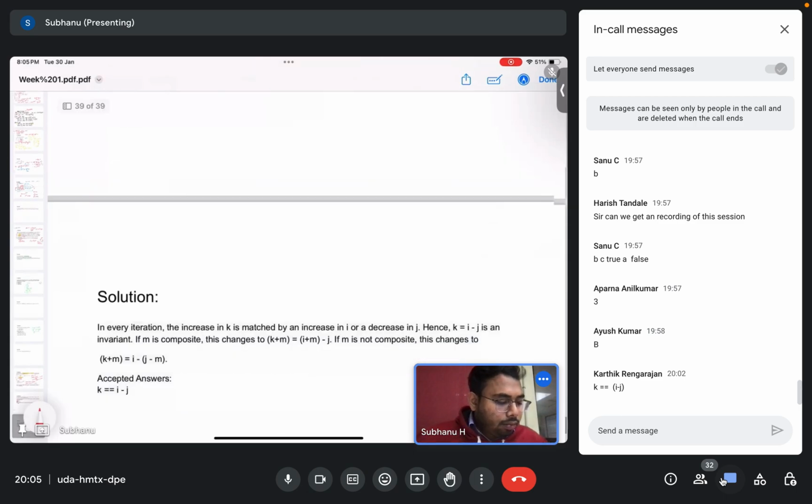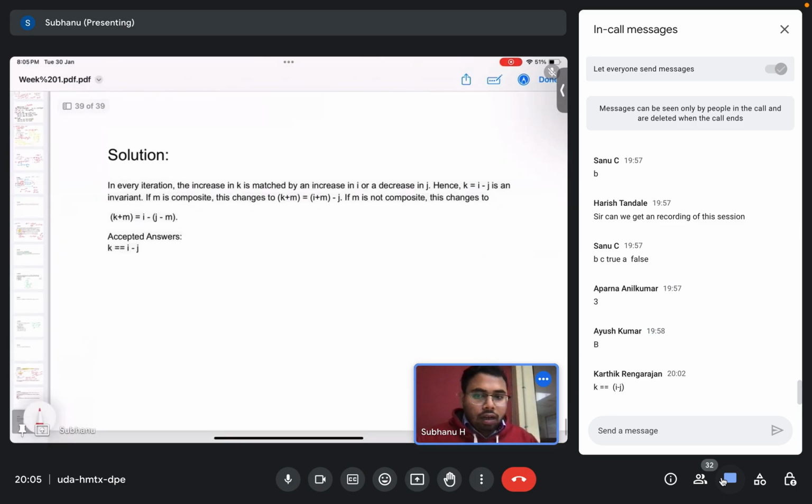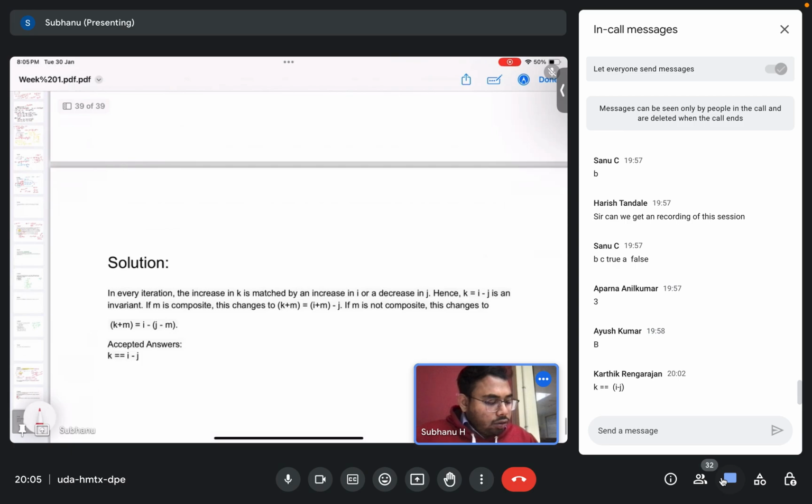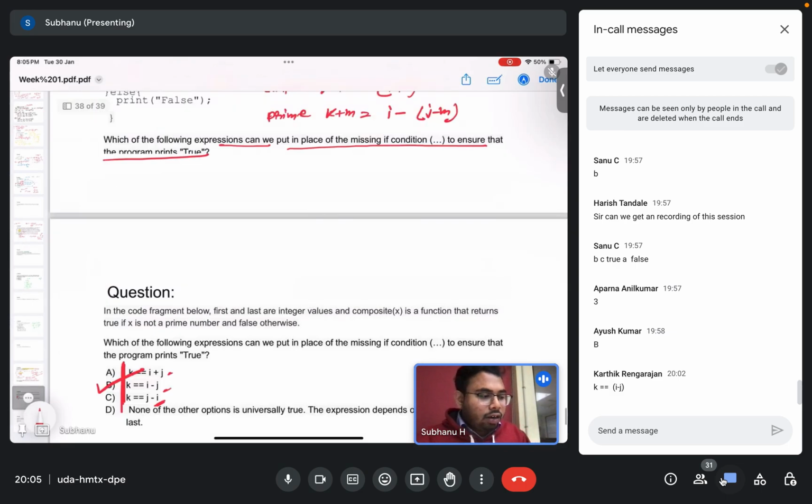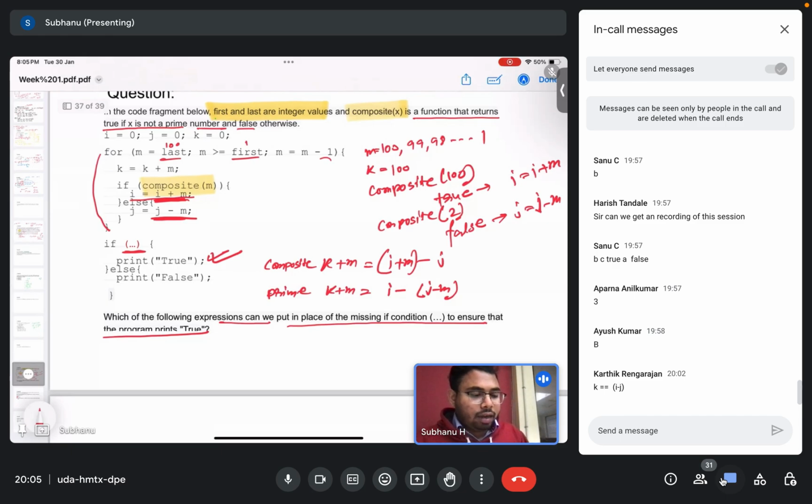I think this is clear to you, because of how we are getting i minus j. Each and every time k is changing, k plus m is equal to i plus m minus j.